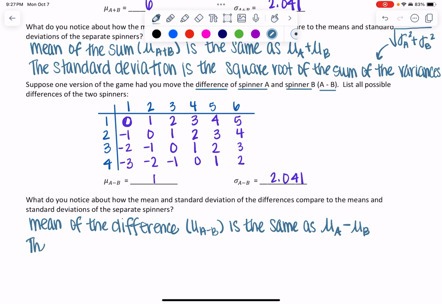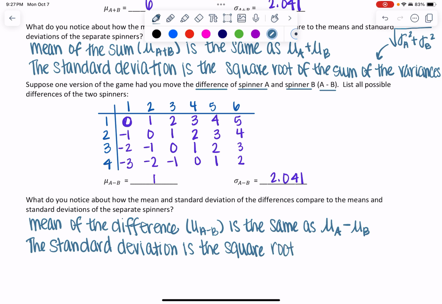So the standard deviation is the square root of the sum.